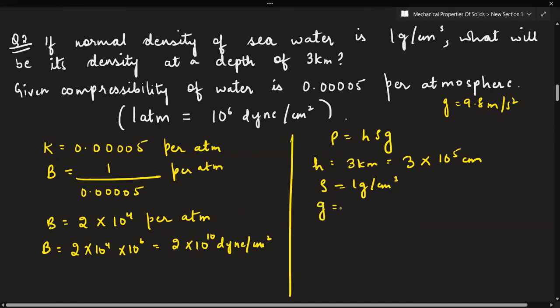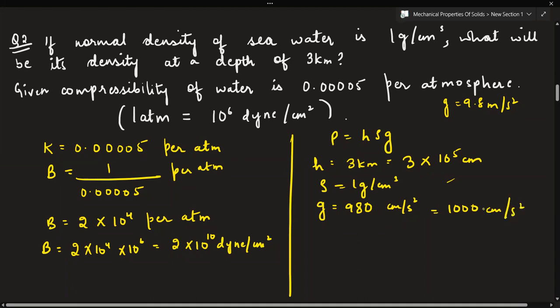So acceleration due to gravity, 9.8 meter per second square, would now be equal to 980 centimeter per second square. Or for our convenience, for our calculation, let us take this as 1000 only. Had it been taken 10 meter per second square, then we would have 1000 centimeter per second square.